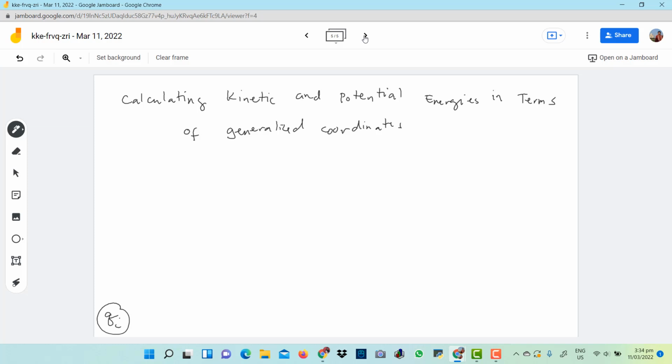So pag specific na dayon sa imong system, so Q can be in Cartesian, can be in spherical, can be in cylindrical. Okay, so for generalized, we have to use Q. Okay, pag specific na imong system, then mo gamit na ka Cartesian, polar, cylindrical, and so on. Okay, spherical. Okay, we have to take note, L is just equal to the kinetic minus the potential energy.